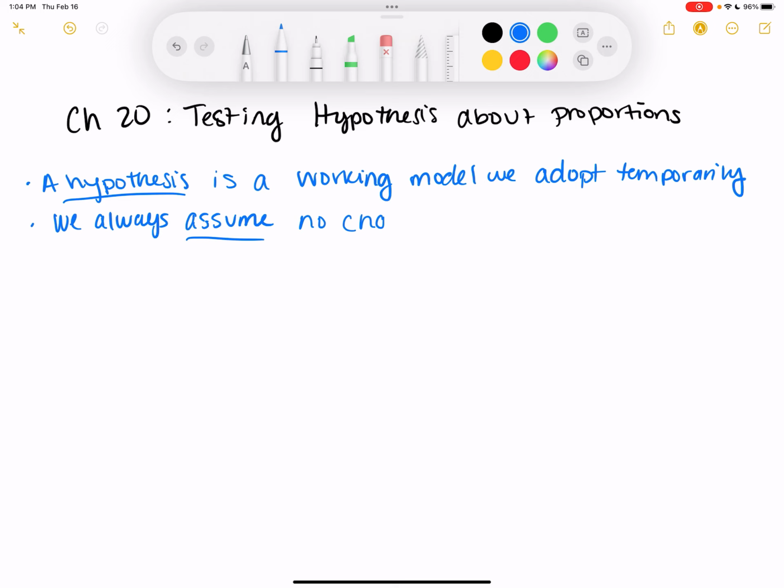We always assume no changes. So our null hypothesis, which will denote H sub 0, usually states that there is no change or effect.